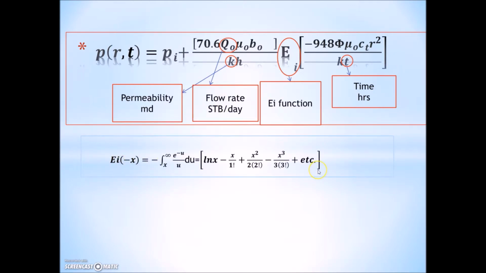As you can see, it is a little bit complicated with an integration and a series to be solved. And so we usually approximate the values of the EI function based on several conditions.